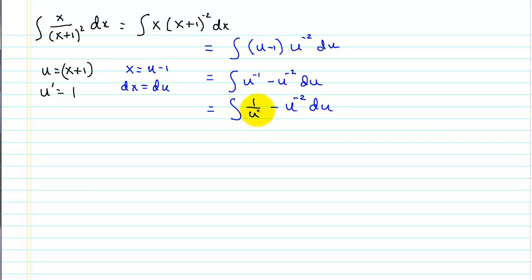And now we can take the integral of each part. This uses our ln rule, so we get the integral of 1 over u is the ln of the absolute value of u. And here we use our power rule, so we add 1 to the exponent and divide by the new exponent. And we can simplify that.